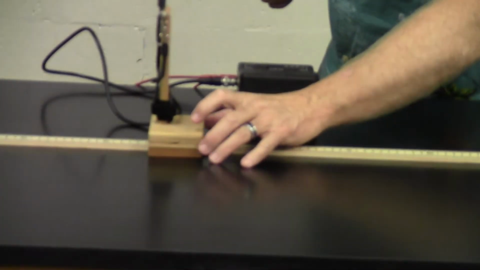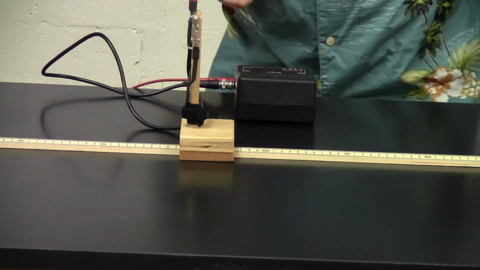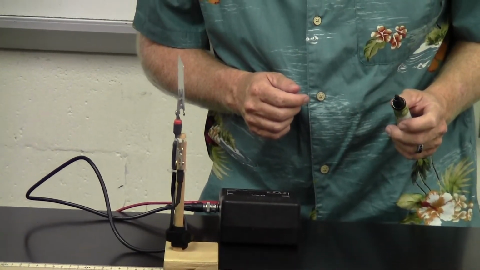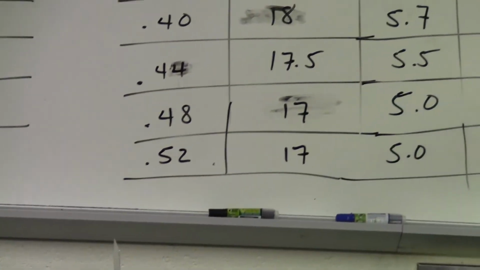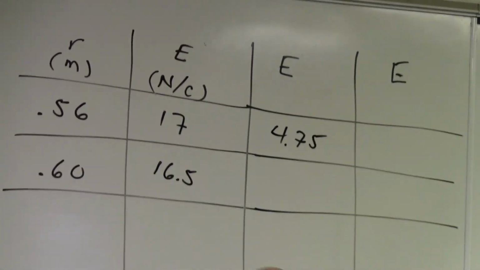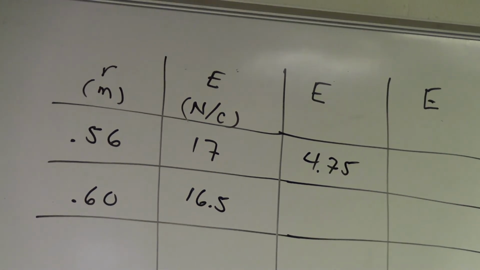Maybe if I come from this side. 56. Let's call that a 4.75. And our last one, and hopefully somewhat reasonable one, it would be about a 4.6.